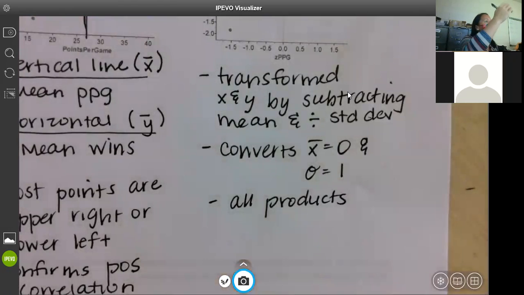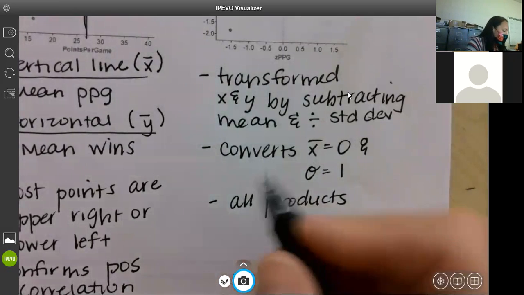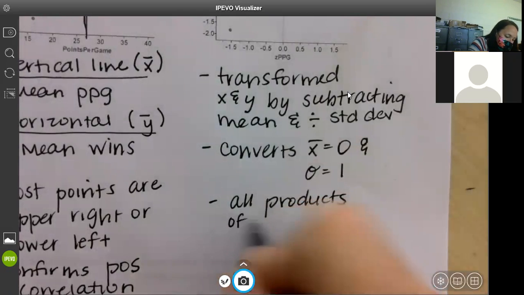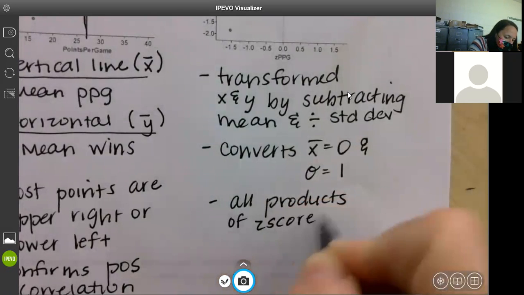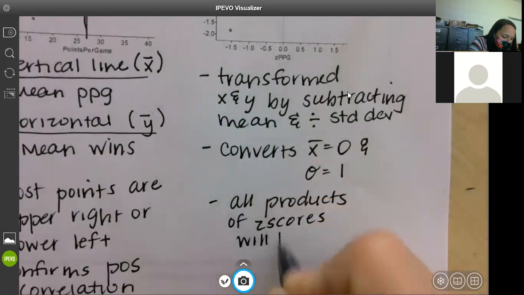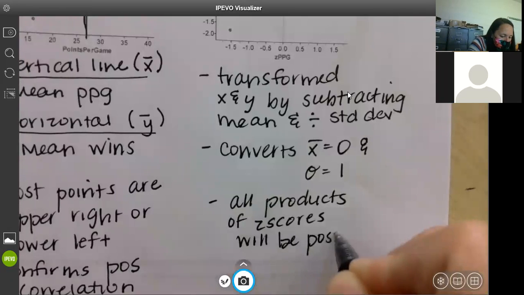Remember that we're multiplying them in that big long formula that we didn't do, right? So we're multiplying them and then we're adding them to the next value. Okay? All products of z-scores will be positive, no matter what.